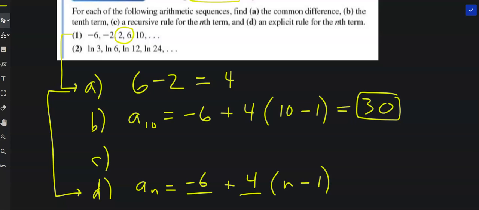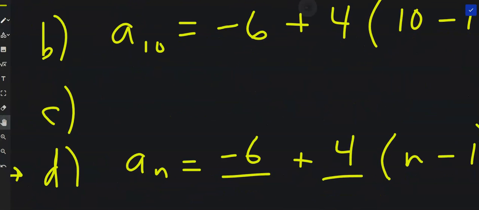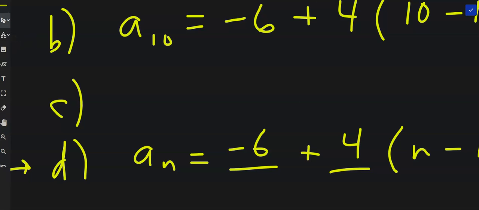Now, part C is the part where they want you to write a recursive rule. And the recursive rule, remember, has 2 parts to it.